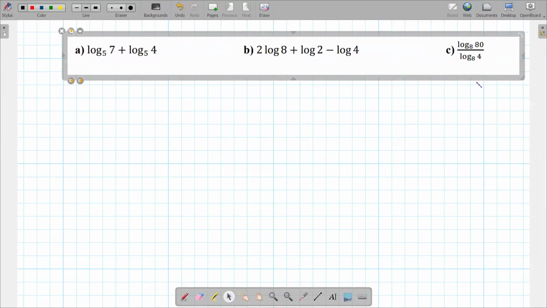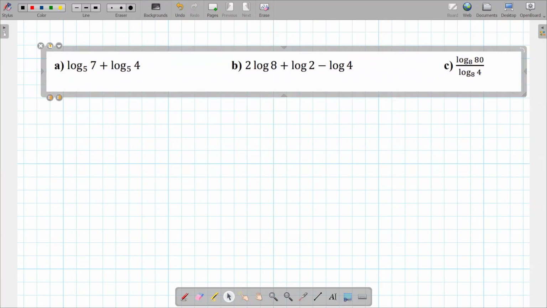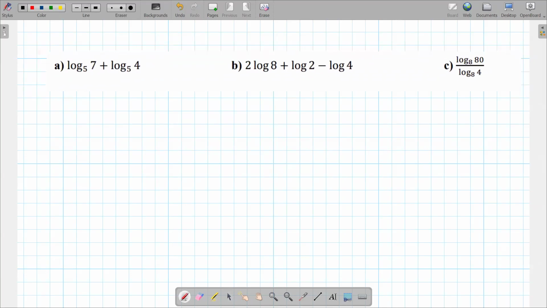All right, so how do we solve log problems like these? So the question is asking us to simplify it. The final answer is simply going to be a number. How do we do A? Or is that the final?